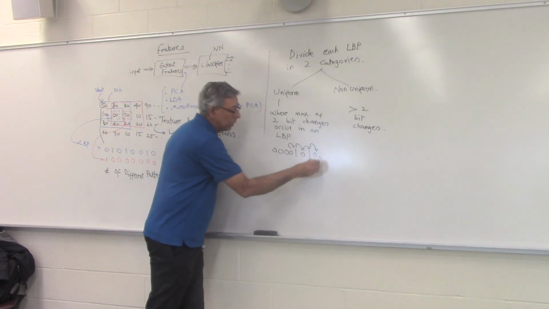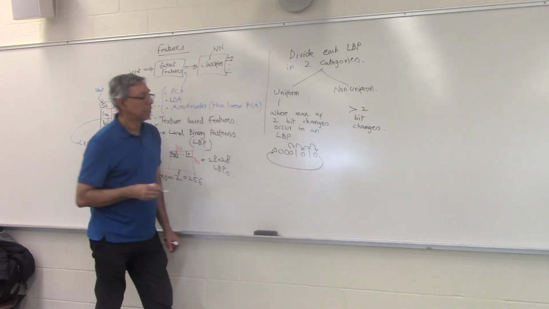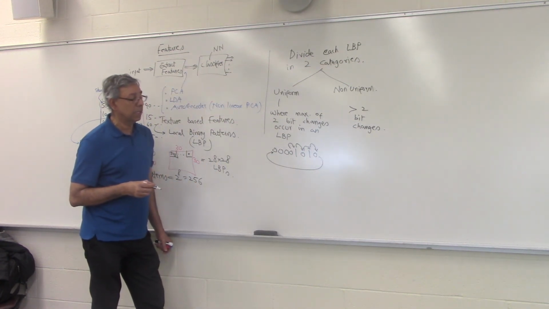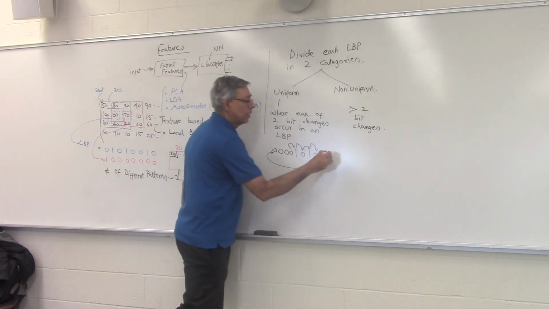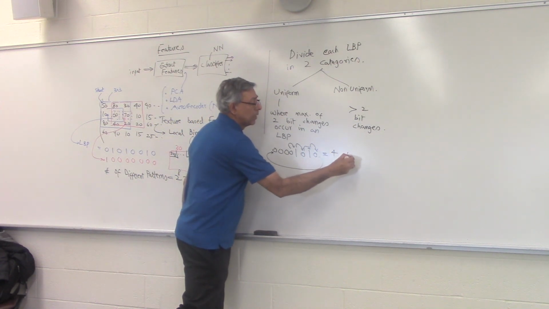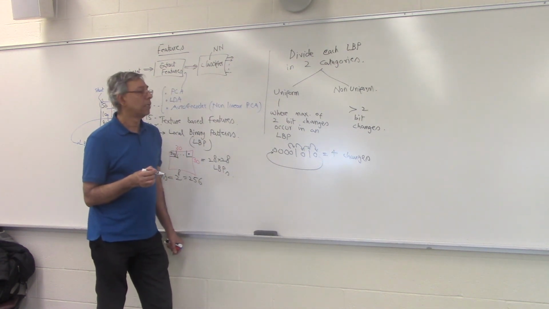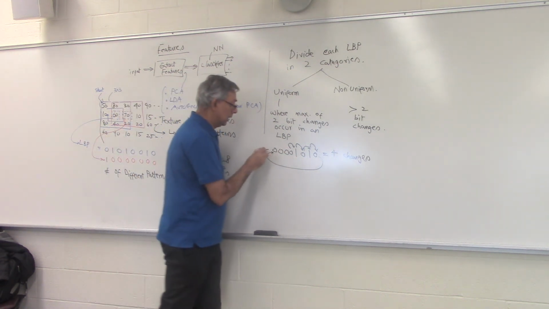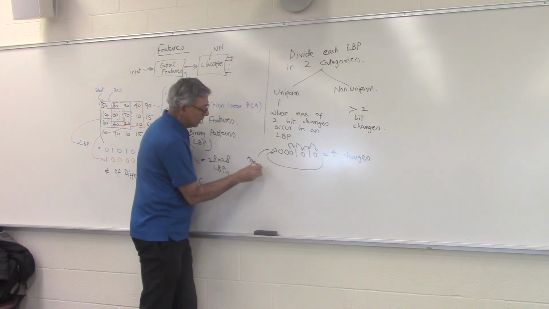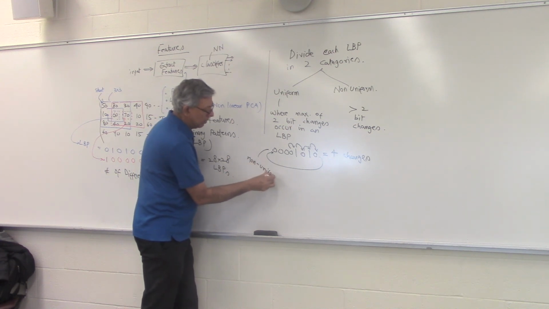And we also take a look at the circular change. So in this case, how many changes occurred? 4 changes. So is this a uniform pattern or a non-uniform pattern? Non-uniform. So this is an example of a non-uniform pattern.